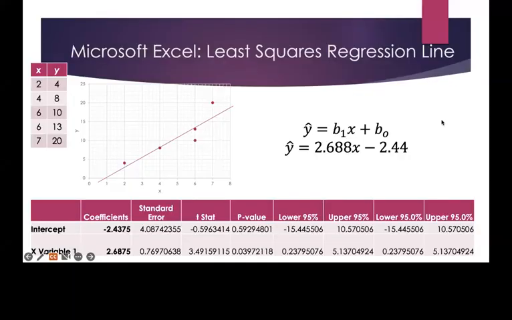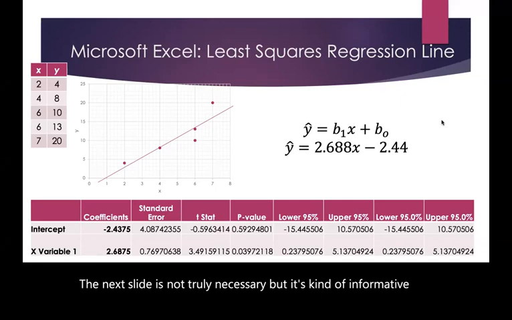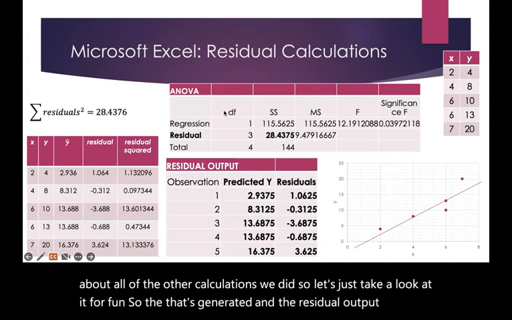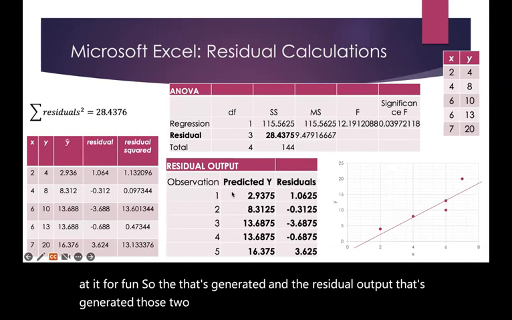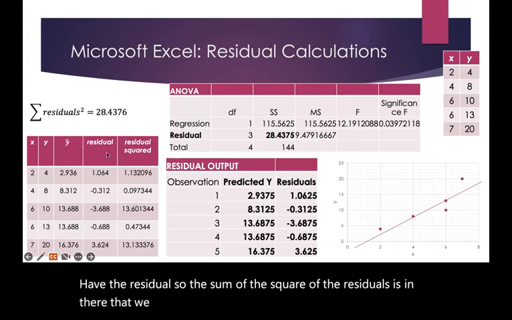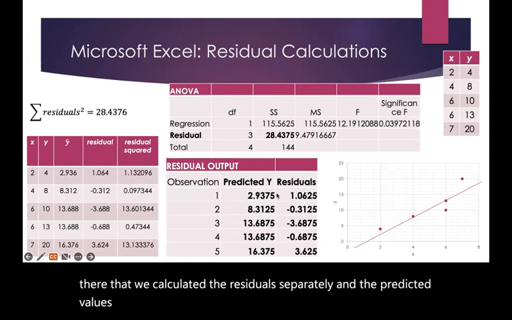The next slide is not truly necessary, but it's informative about all of the other calculations we did. So let's just take a look at it for fun. The ANOVA and the residual output, those two middle tables for this data, also have the residuals. The sum of the square of the residuals that we calculated is in there. The residuals separately and the predicted values are also available in Excel.